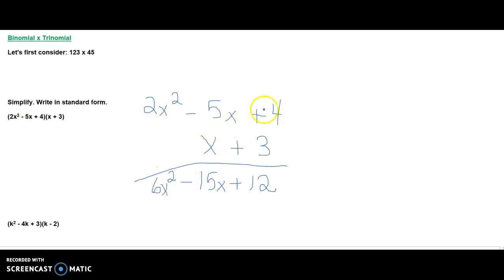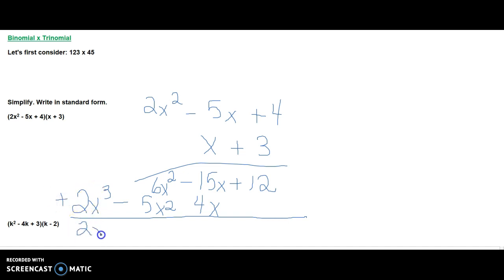And now we're going to do the same thing by stacking like terms on top of one another. So x times 4 is 4x. x times -5 is -5x squared. And x times 2x squared is 2x cubed. And we are going to add like terms.